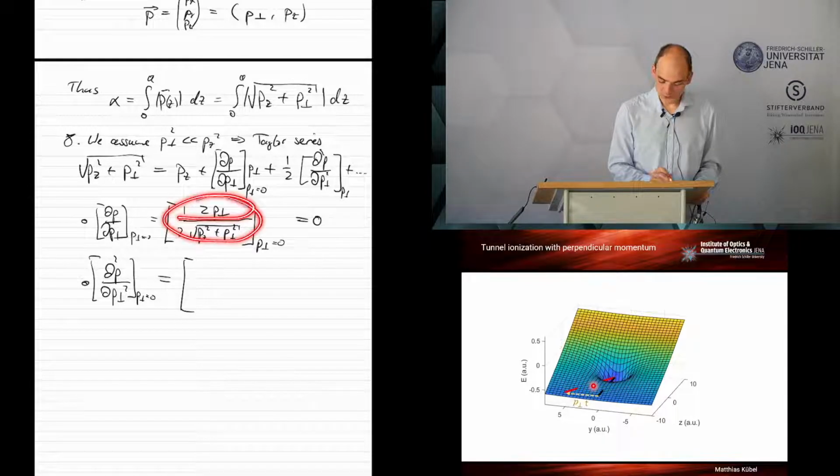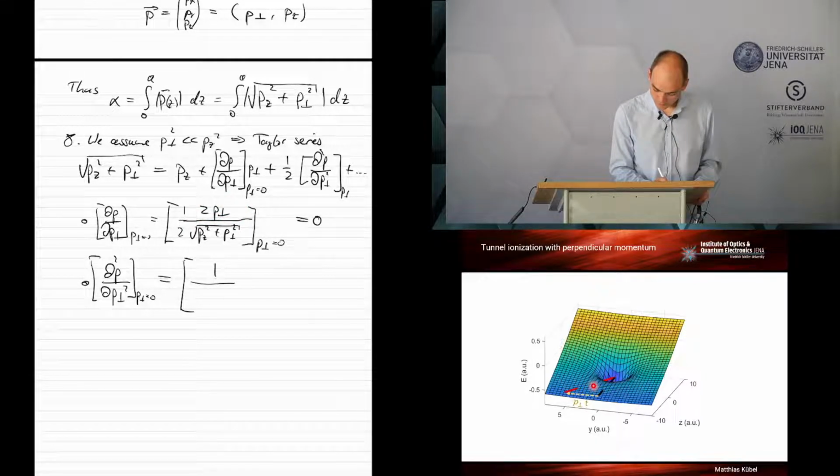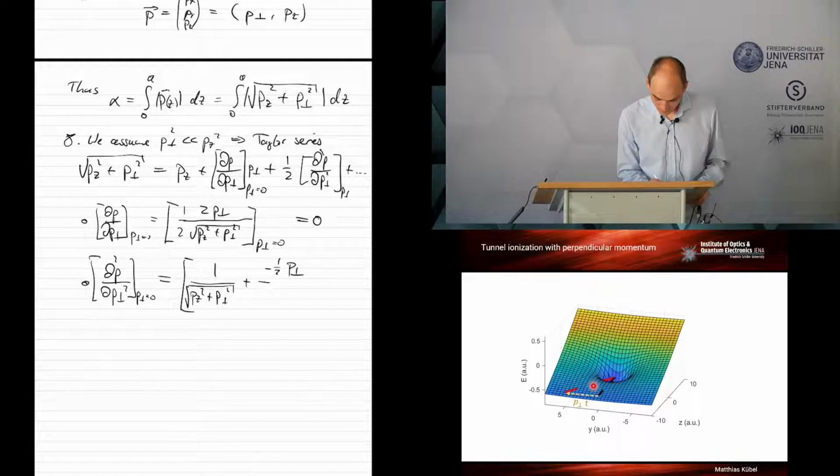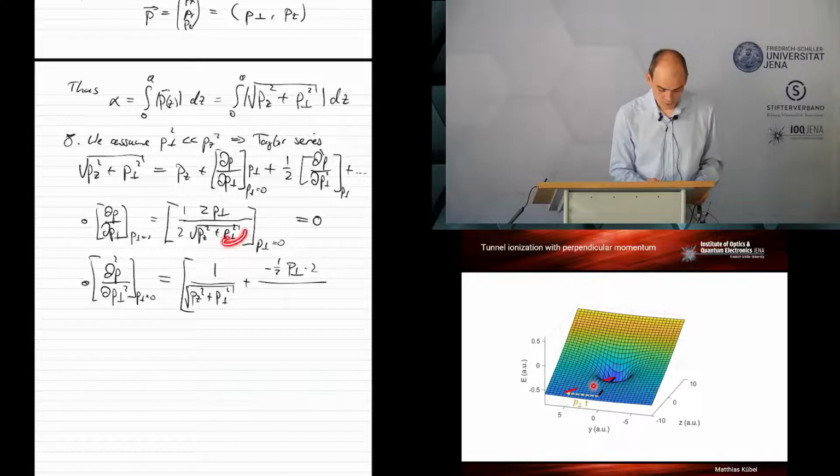We first take the derivative of the numerator, which is 1, over the square root of pz squared plus p perpendicular squared, plus, and now this part, minus 1 over 2 from the exponent, p perpendicular times 2, because that's the inner derivative here, divided by pz squared plus p perpendicular squared to the power of 3 over 2.